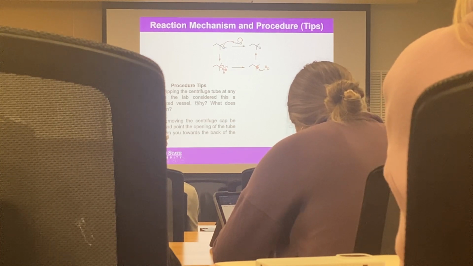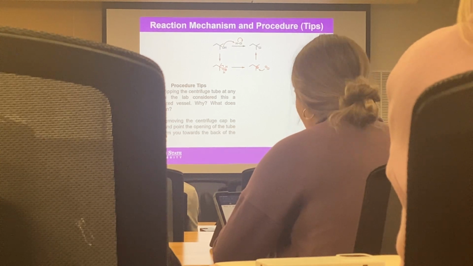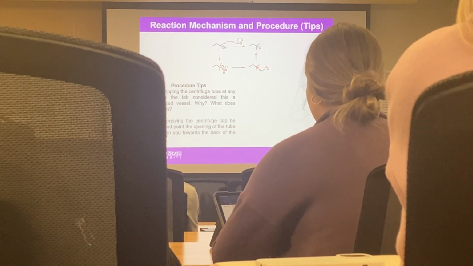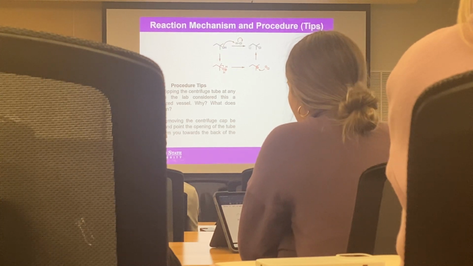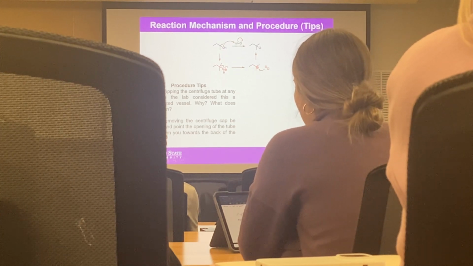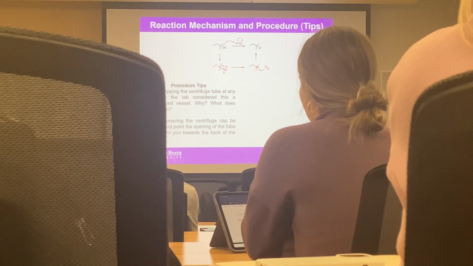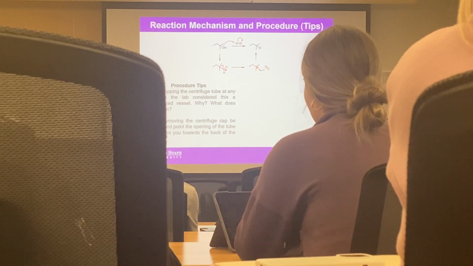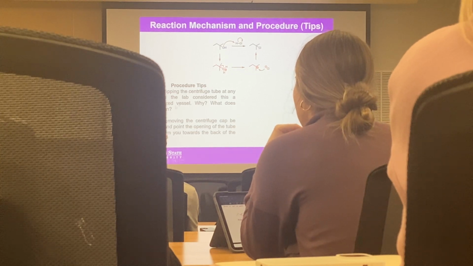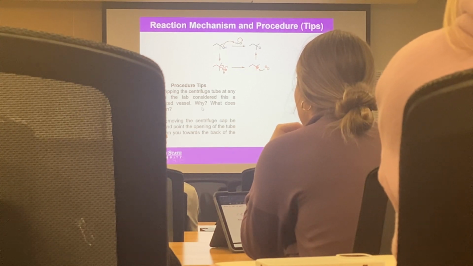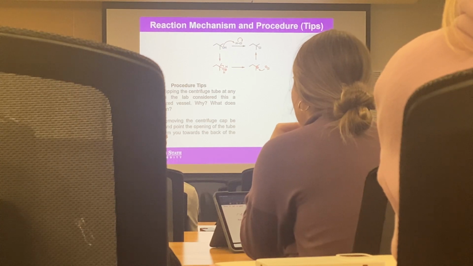So when you're capping the centrifuge tube, when you add sodium bicarbonate or anything like that into this reaction mixture and shake it, at some point you're going to add sodium bicarbonate to neutralize the excess acid. You have excess acid, you need to get rid of this from the reaction, so you add sodium bicarbonate and shake it. Now, whenever you're shaking this, be very careful, because as I said, sodium bicarbonate releases carbon dioxide gas.